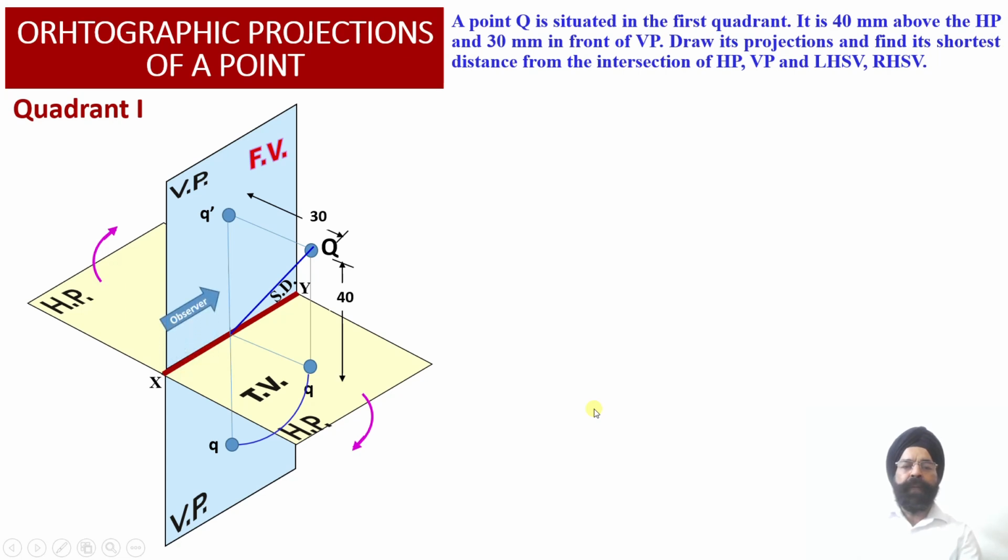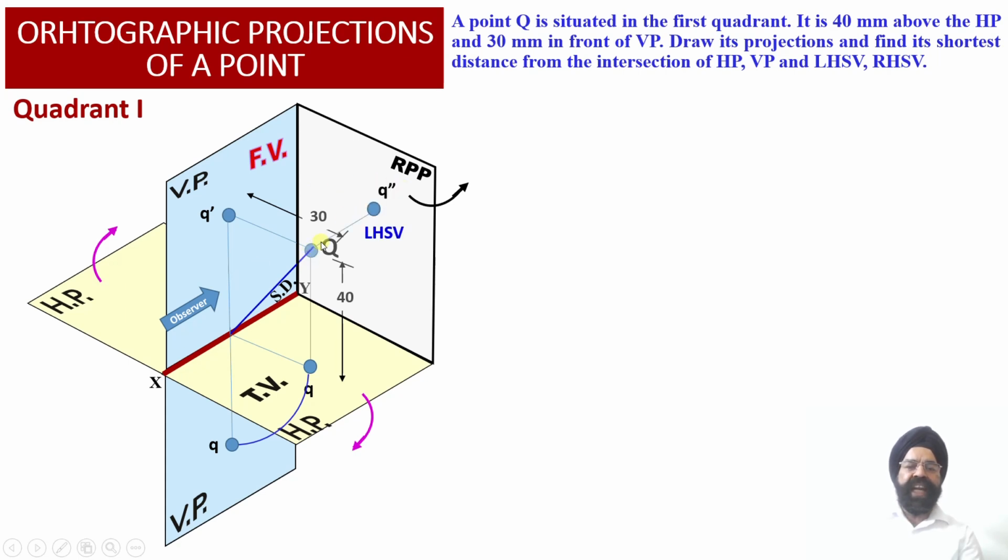Now let us obtain the left hand side view orthographic projection of this point Q. So whenever the observer is going to look at this point Q from the side orientation, we observe that the left side orthographic projection of this point Q will be available on the right profile plane, because we know that in the first angle projection method the object lies in between the observer and the plane of projection.